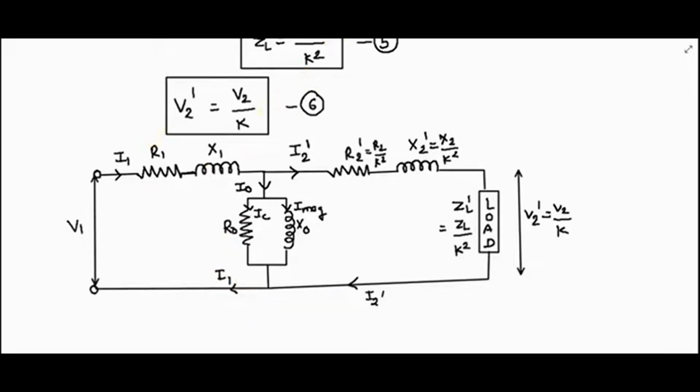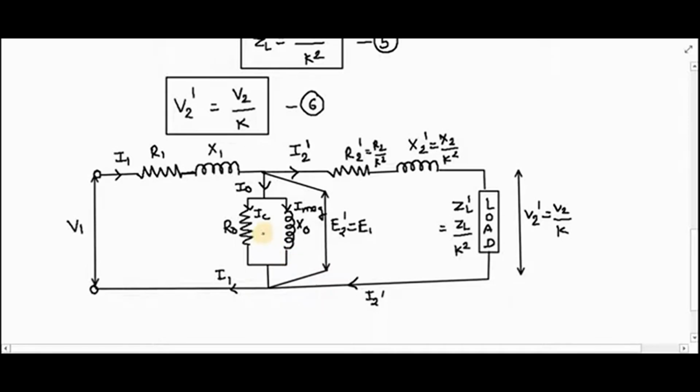And now one quantity is remaining, which is nothing but E2 dash, which is equal to E1. So this figure shows you the equivalent circuit of the transformer referred to the primary side.